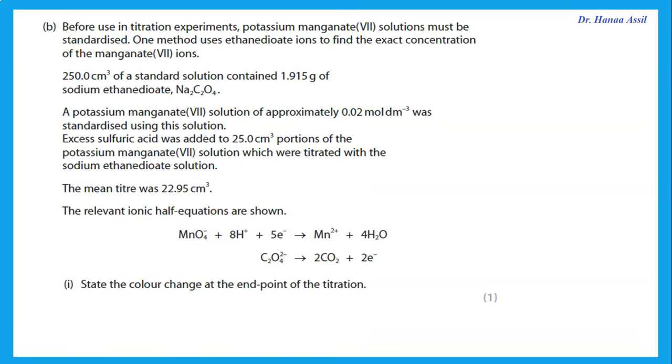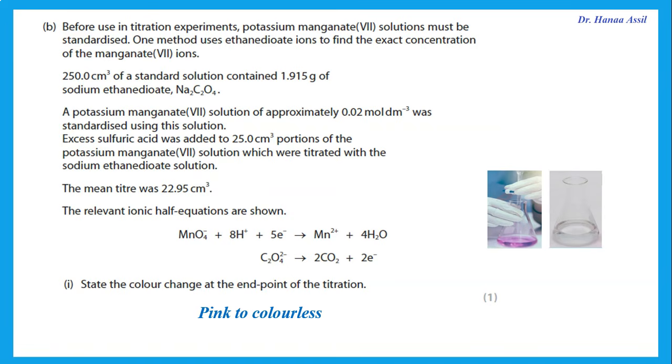Once all the permanganate is used up, the next drop from the ethanedioate will remove the color completely. So at the end point, we're changing pink to colorless.